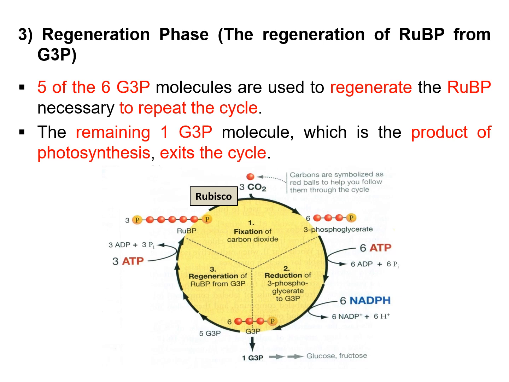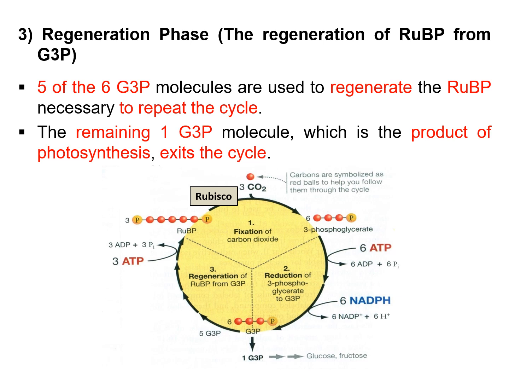This is necessary and a must in order for the cycle to take place again. Meanwhile, the remaining one molecule of glyceraldehyde 3-phosphate, which is the product of photosynthesis, will exit the cycle.